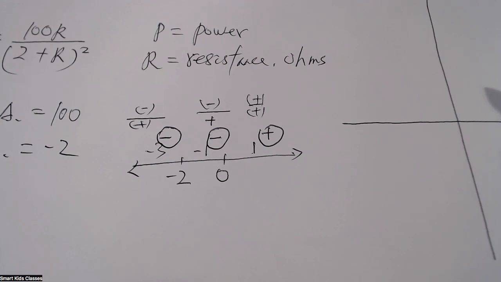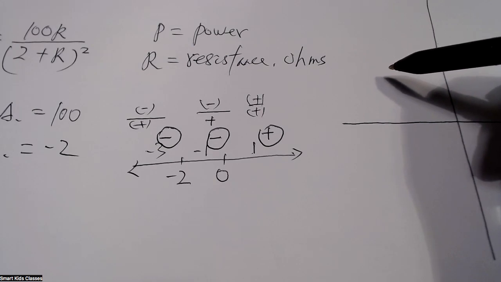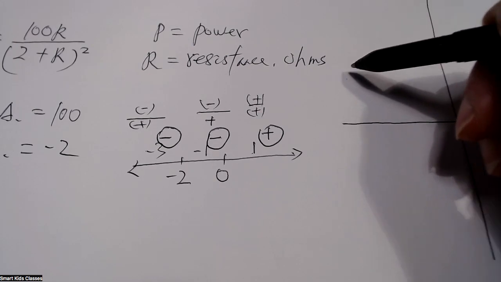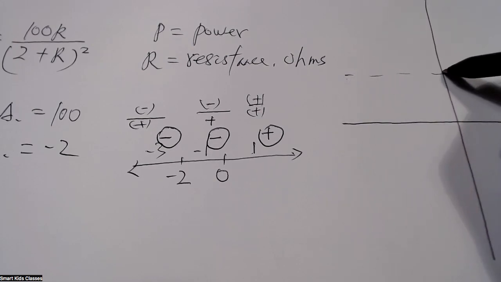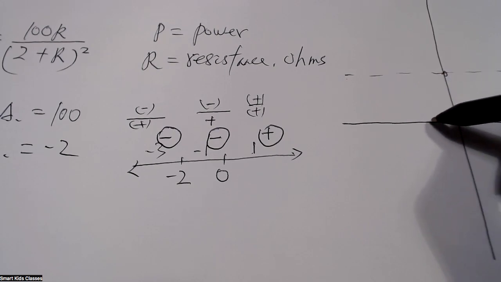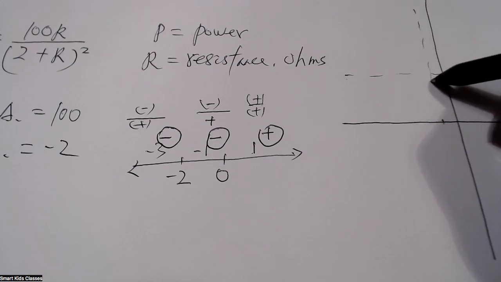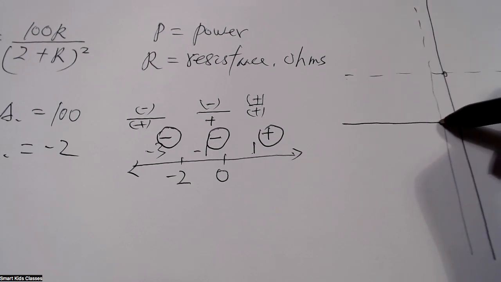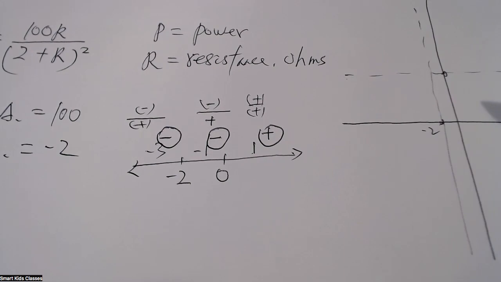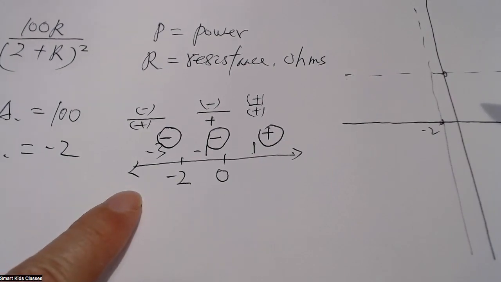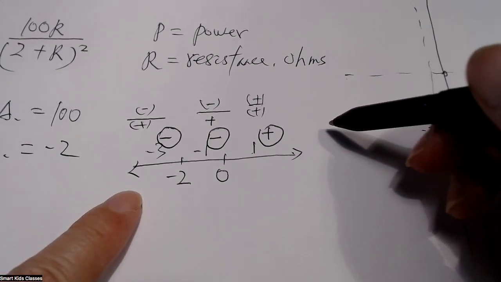So we have a horizontal asymptote and vertical asymptote. We're going to write 100 here and negative 2 here. We're going to do the first part, like negative 3, negative 2 to infinity.